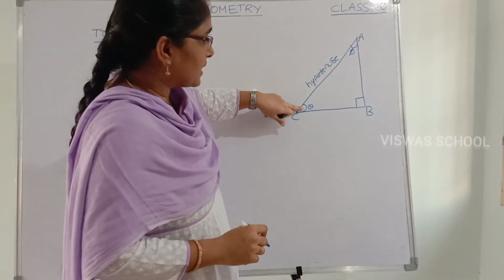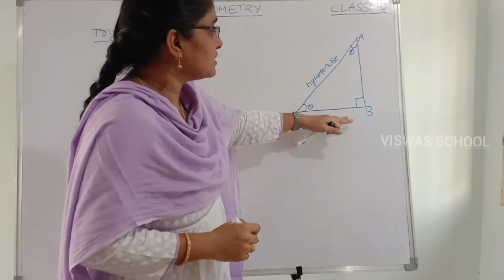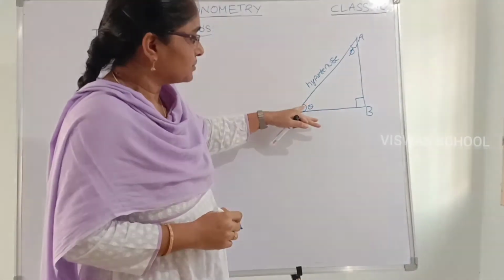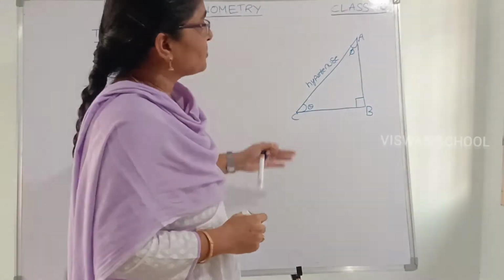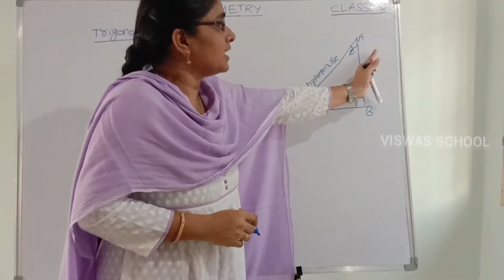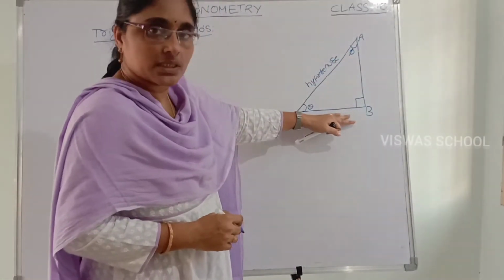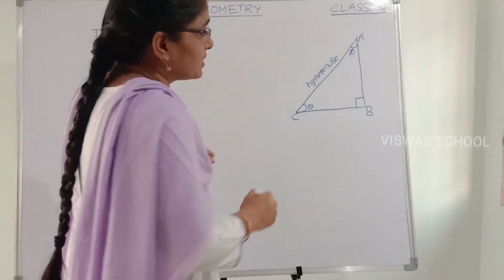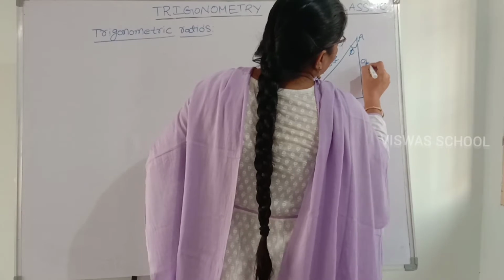If I am considering theta as the angle, then this is the adjacent side to theta and this is the opposite side to theta. If I am considering phi as an angle, then this is the adjacent side to phi and this is the opposite side to phi.